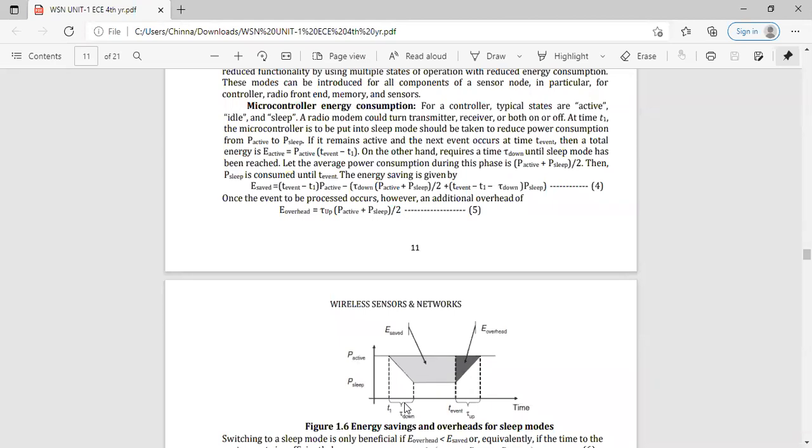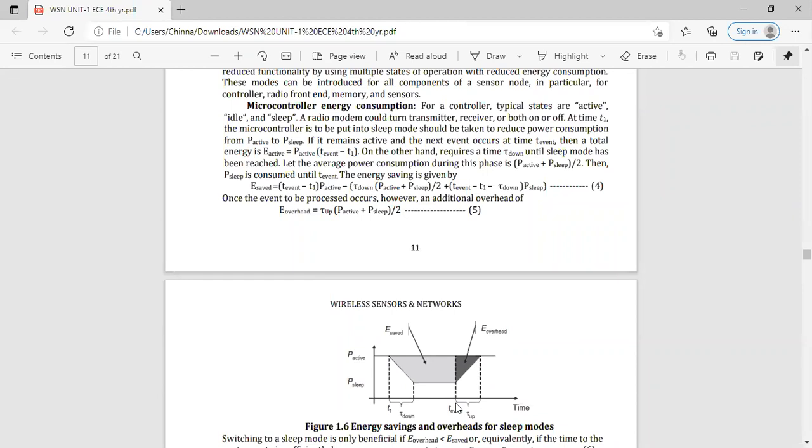If it remains active, the next event occurs at T event. This is T event, the time of the next event, and this is T down. Until the sleep mode is reached, the average power consumption during this phase is P active plus P sleep by 2. P sleep is consumed until T event.